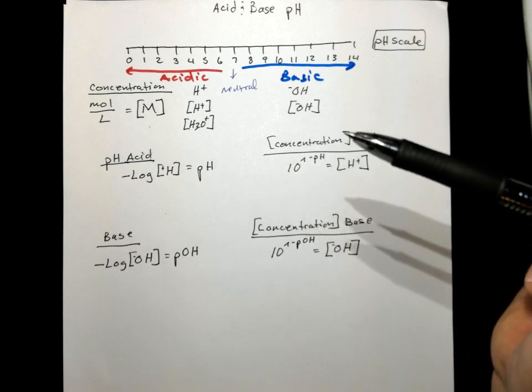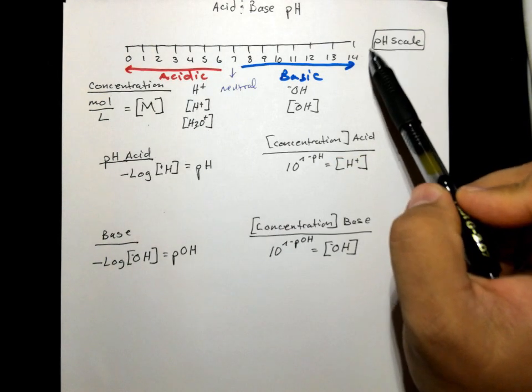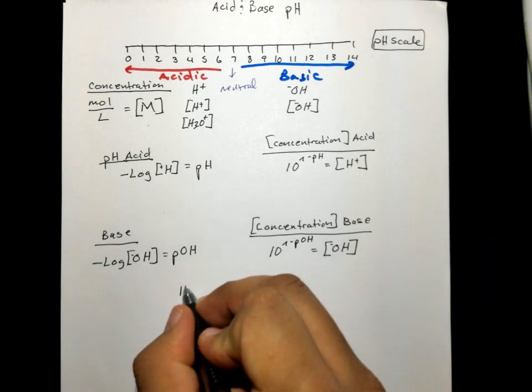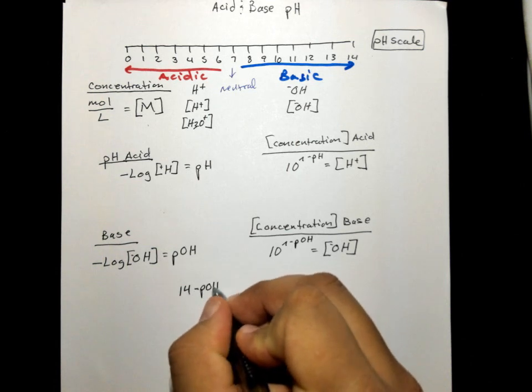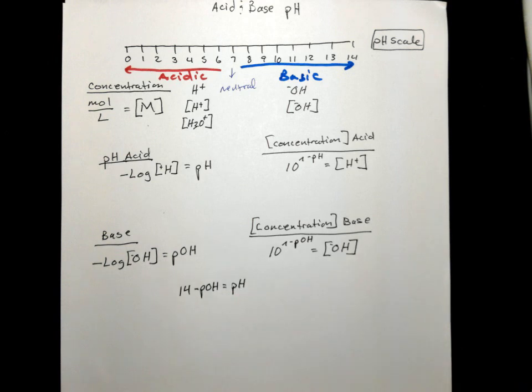One simple calculation. The pH scale runs from 0 to 14, 14 being the max, right? So since we know that, if I take 14 and subtract out the pOH, that's going to give me pH. See what I did there? I taught you how to calculate pOH, and then all you got to do now is subtract it from 14, and that'll give you pH.